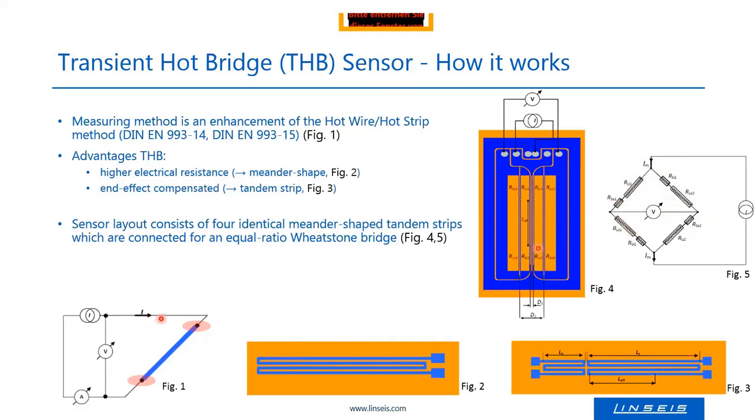So some instrument manufacturers also use hot wire techniques, and they integrate the Wheatstone bridge in the electronics. And before the measurement, it needs to be equilibrated so that this diagonal voltage is zero.